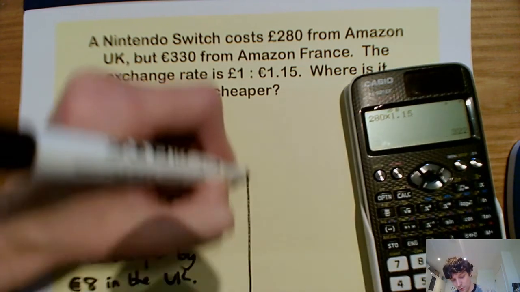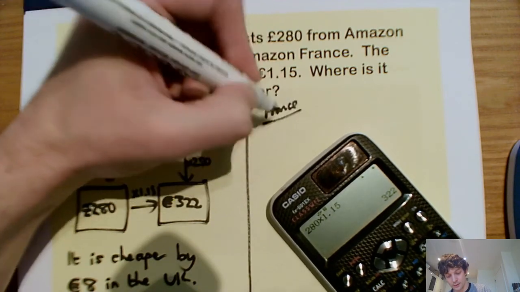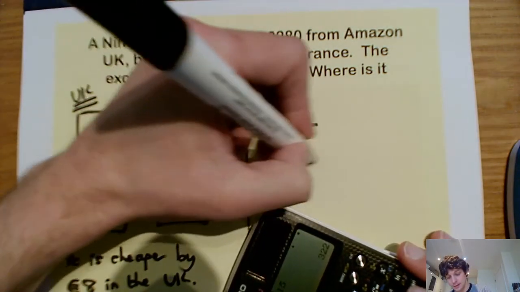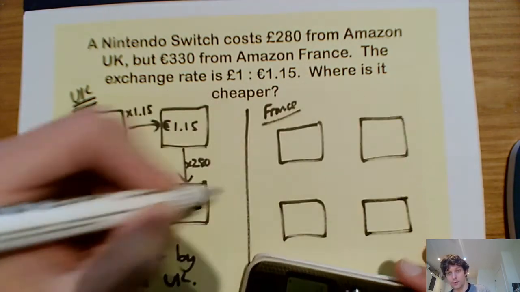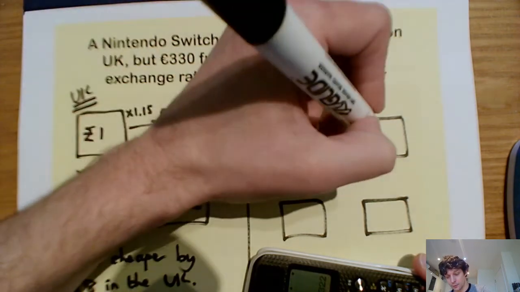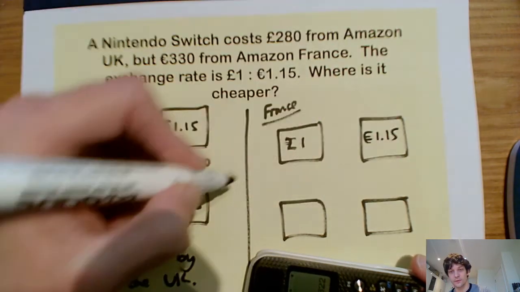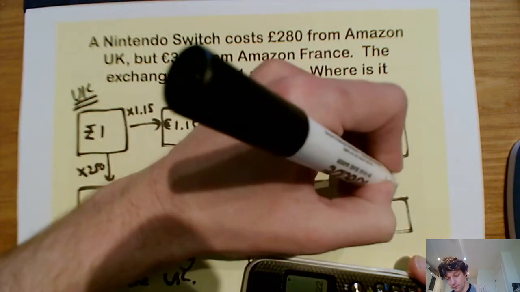Okay, I'm very quickly going to go through doing that the other way around. So if I wanted to convert it from France instead, we'd still have our boxes that we draw. We've got £1 is equivalent to €1.15. So to go across, I'm multiplying by 1.15.